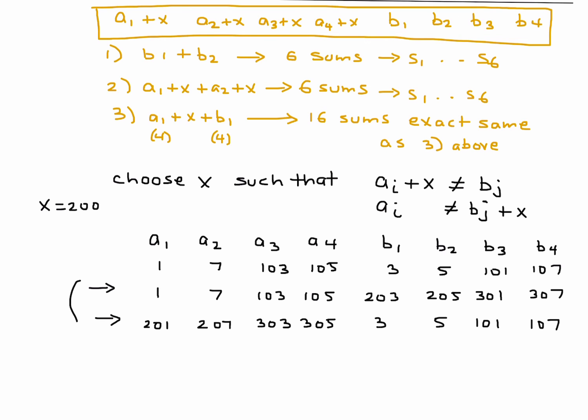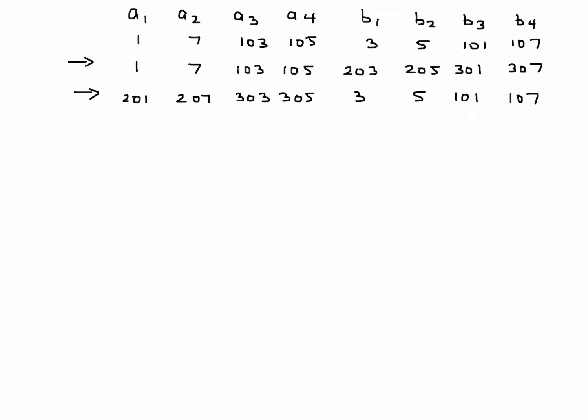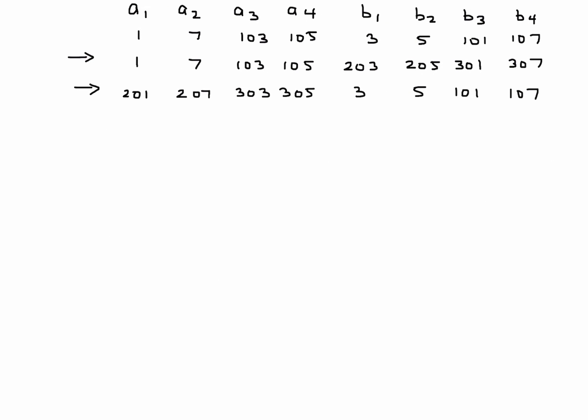Okay, with these 2 lists, I've got to show that my pairwise sums are the same. Okay, so I've got S1 through S28, right? I think I can do that pretty quickly. Right, A1 plus A2, A1 plus A3, and so on. So A1 plus A2 is 8. A1 plus A3 is 104.